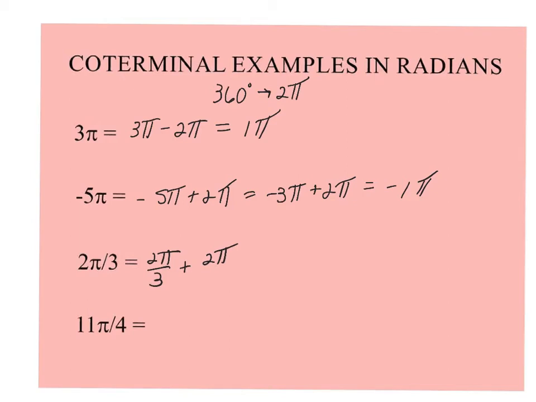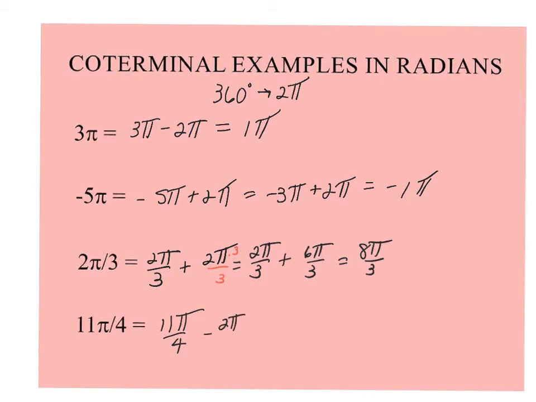I'm going to go with add because I'm feeling positive today, and I need a common denominator, so I'm going to multiply by 3 on the denominator here and 3 on the numerator here, giving me 6 pi over 3, also known as 8 pi over 3. And then last but not least, 11 pi over 4, add 2 pi or subtract 2 pi.